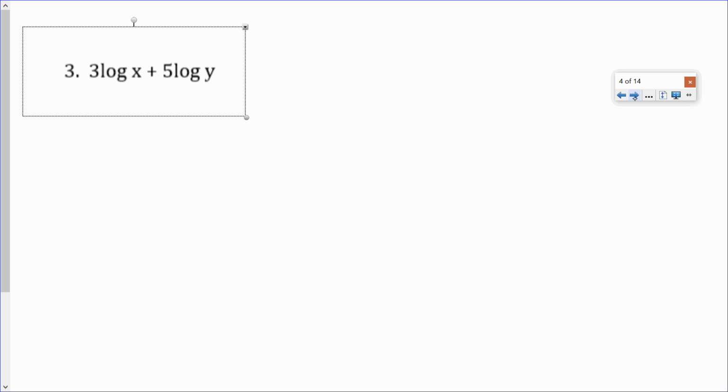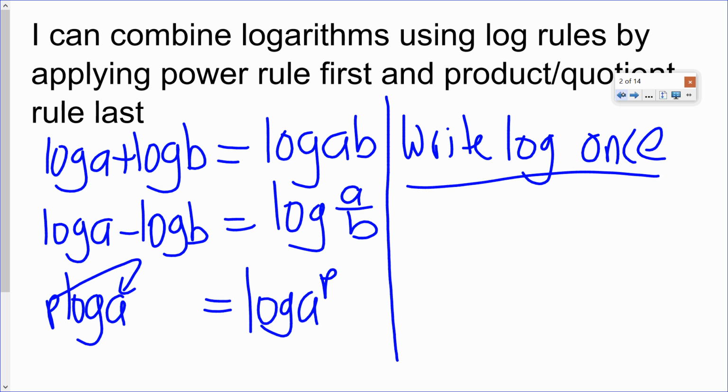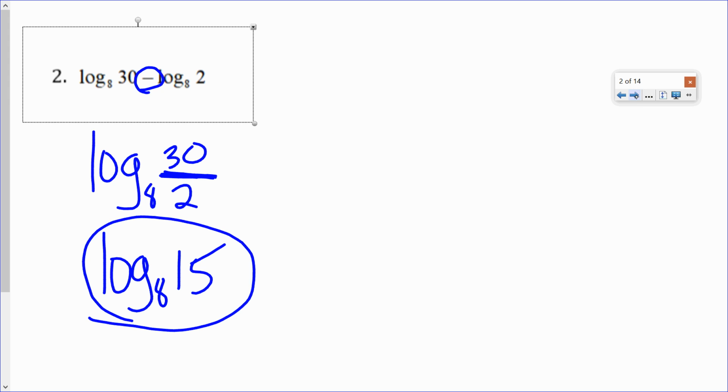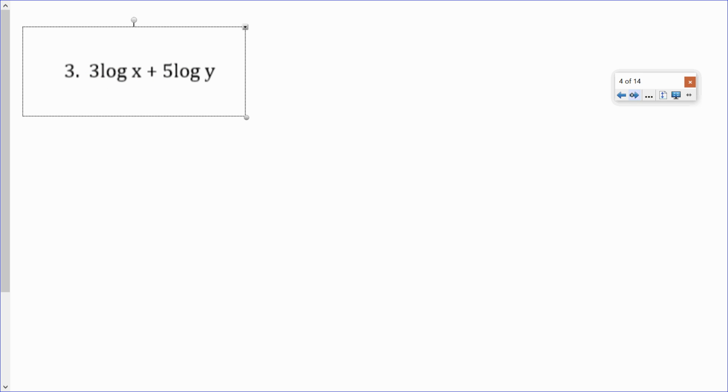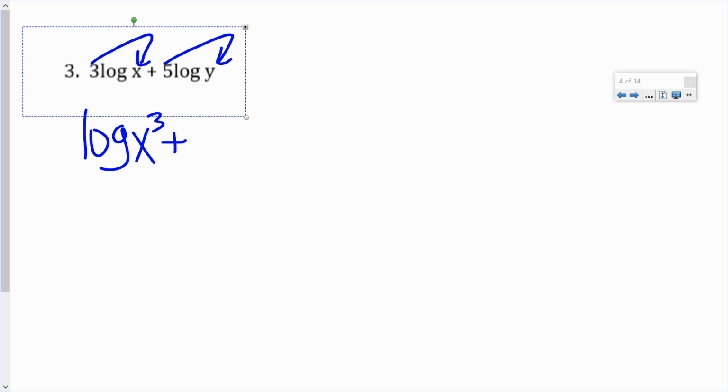Now, if you see a number in front, like I said at the beginning, make sure you apply the power rule first. So, the number in front came from the exponent. We learned that in the last lesson, so put it back where it started from. So I'm going to start by writing log of x cubed plus log of y to the 5th. Now, I want to combine them.